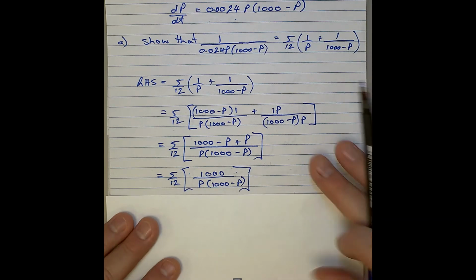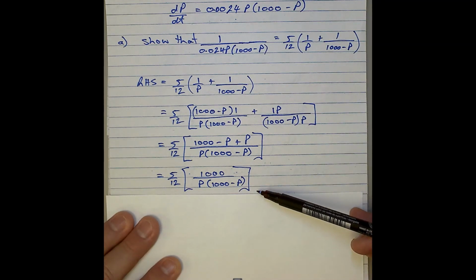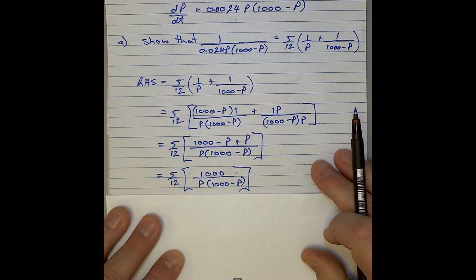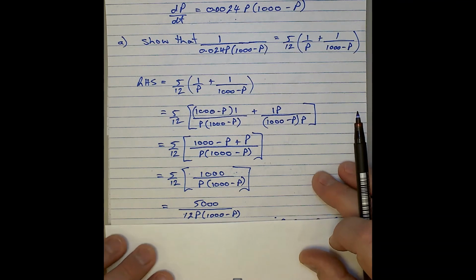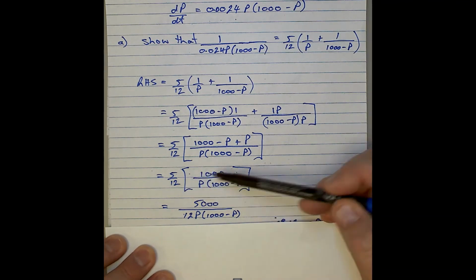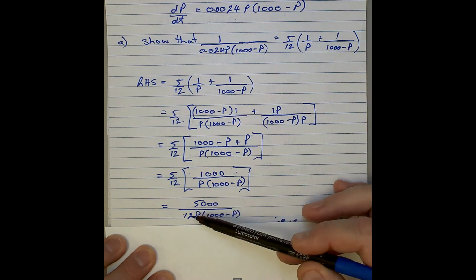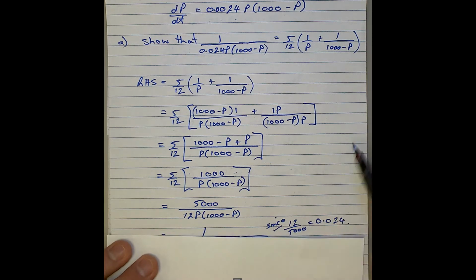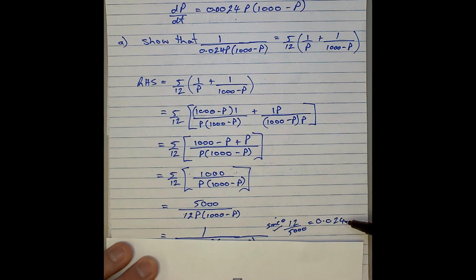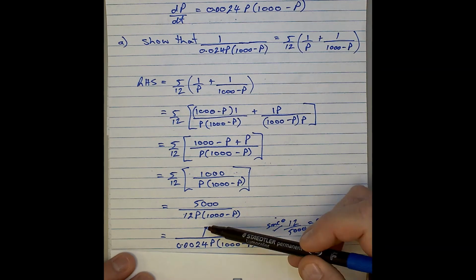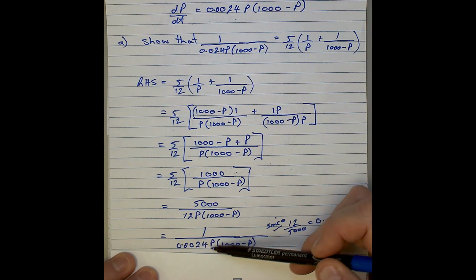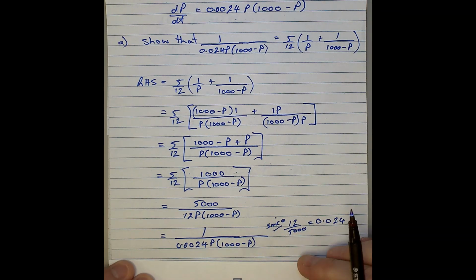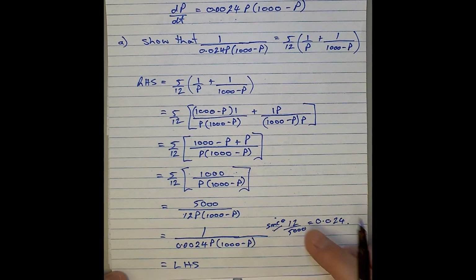I can then simplify that by cancelling minus P plus P in the numerator, and then multiply the 5 on 12 into the bracket, I get 5,000 over 12P outside of 1,000 minus P. Now, because 12 on 5,000 is equal to 0.024, I can say that 1 on 0.024P is outside of 1,000 minus P, which is what we're trying to prove, which equals the left-hand side.